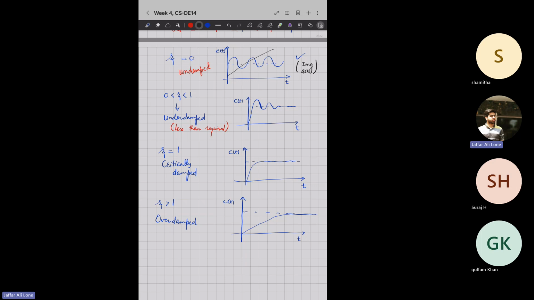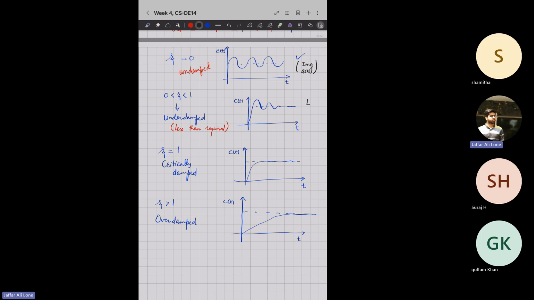But that is not the case here. You have complex conjugate poles on the imaginary axis, two poles. It means the response will be oscillatory and the system will be undamped. You don't need zeta; you can say for this system zeta is 0. Now, if your system has poles in the LHP, of course all the systems are stable or marginally stable, meaning there is no pole in the right half plane.